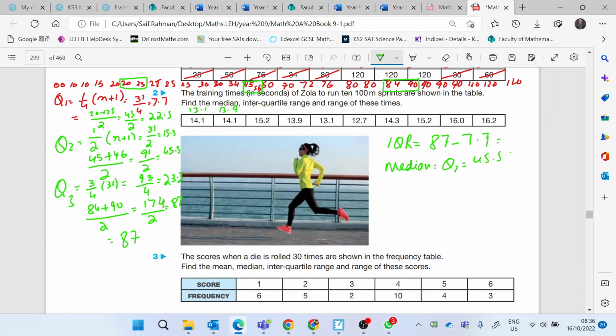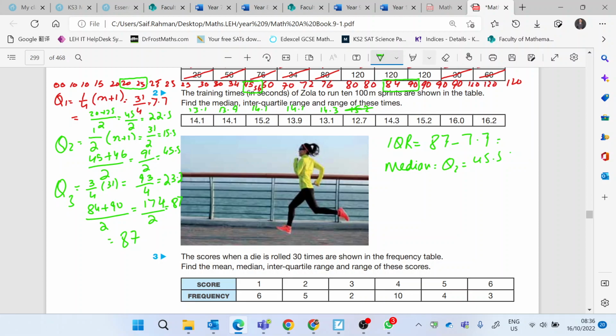So we have got two numbers, 14.1 and 14.1, and the next number is 14.3, and the next number with us is, no more 14s, so 15.2, and yeah, I've missed just one number of 12.